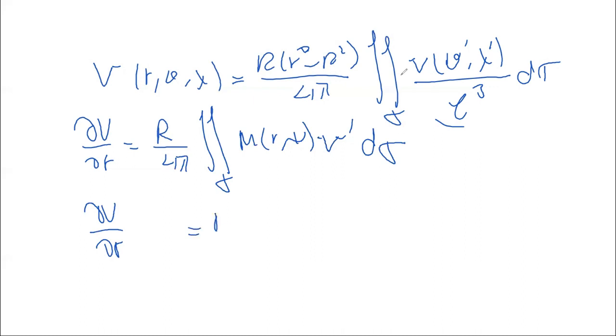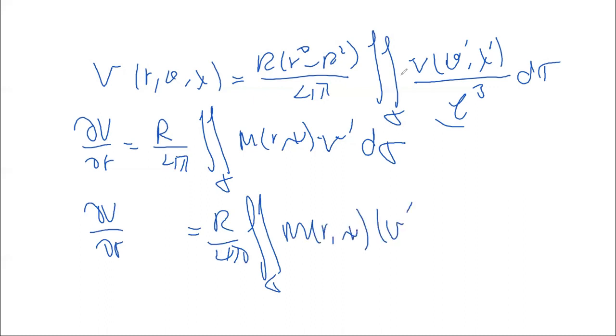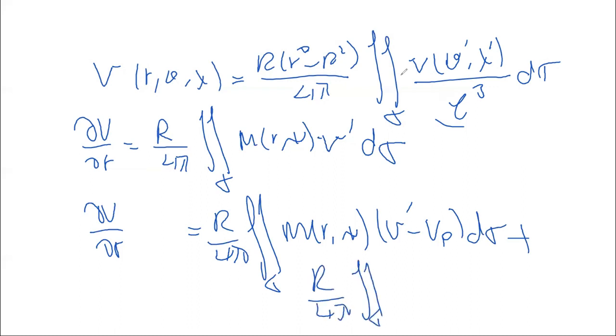I will remove computation point effect like this. I will say that this kernel will be V prime minus VP, VP is computation point, plus remove and restore R4 pi Vp d sigma.